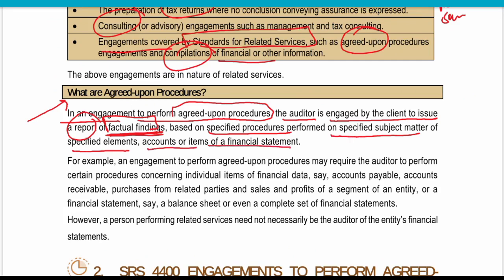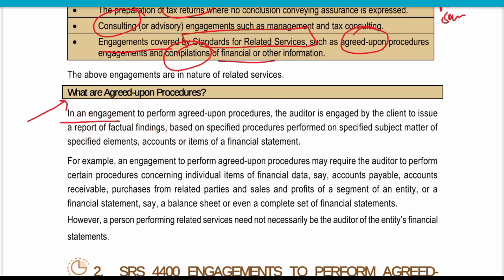an account item of the financial statement. It means it can be done on any specific element or account item of the financial statement. That means the factual findings can be on maybe trade payables, on a particular account, or maybe on the cash flow, etc. So the practitioner is only giving a report of factual findings based upon the specified procedures.